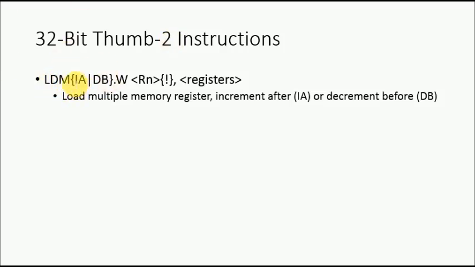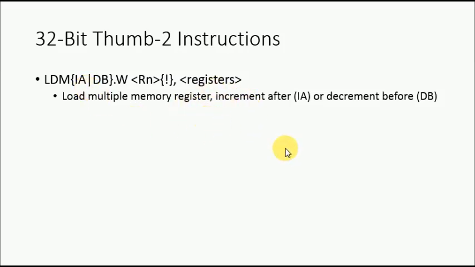This instruction is load multiple memory to registers, and IA indicates increment after, and DB indicates decrement before. So after execution of this instruction there will be an increment of the pointer, or before execution of the instruction there will be a decrement of the pointer. We can specify in the instruction whether we are using the increment of the pointer or decrement of the pointer.